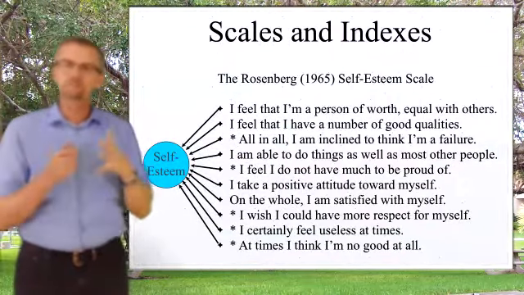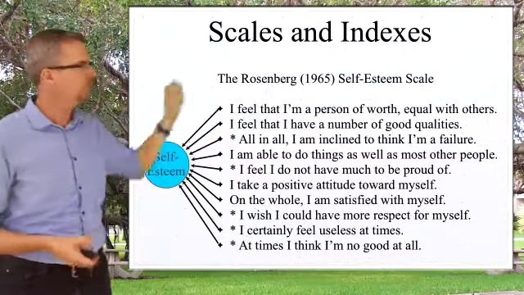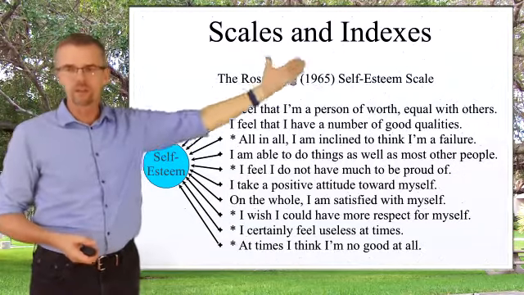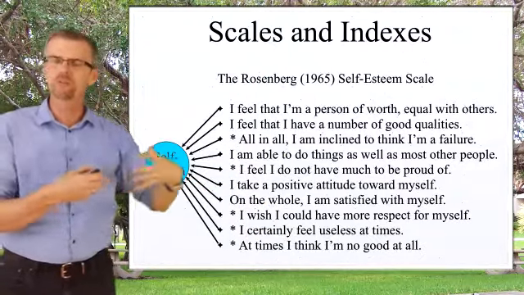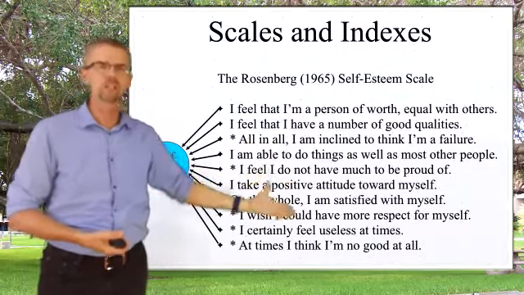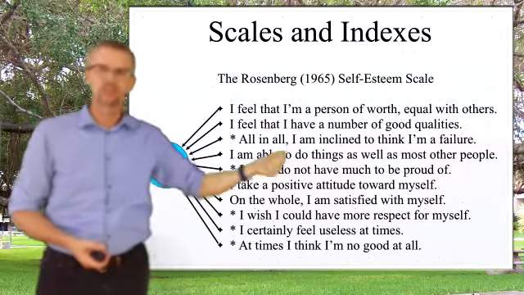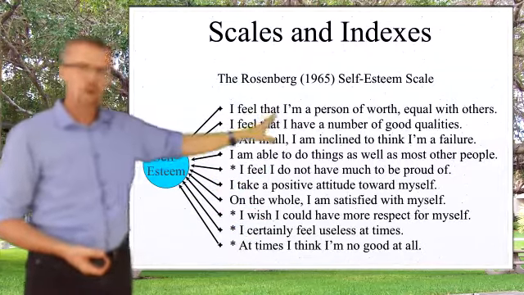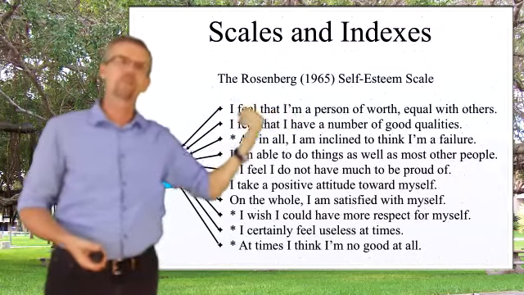Scales and indexes, I never know whether it's indexes or indices, but the Rosenberg self-esteem scale has stood the test of time. In 1965, Rosenberg came up with these questions to determine how you'd measure self-esteem. These are the constructs that he determined made up really reliable and valid measures for self-esteem. Now notice what he did in the questions: the ones with an asterisk beside them have a counterintuitive response.